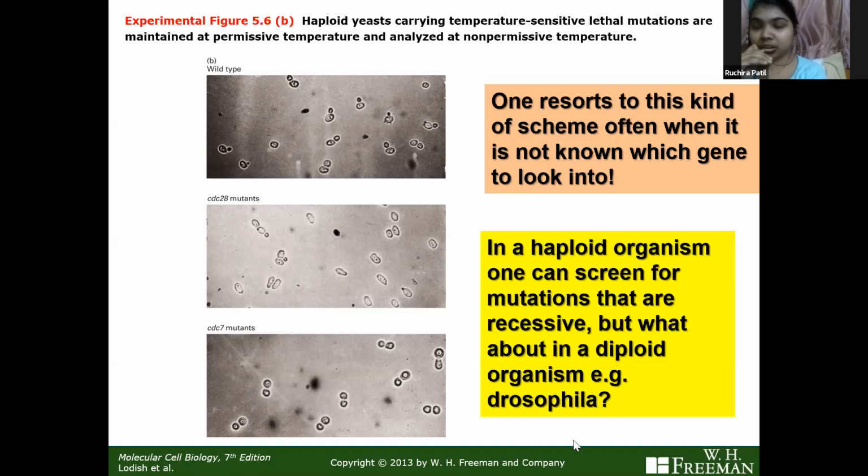Then slides were prepared for these two colonies and observed under the microscope to see the difference between the slides. Initially they were plated at 23 degrees, then allowed to grow, and suddenly the temperature was changed, and at that time the slides were prepared and it was seen what stage of division they were in.